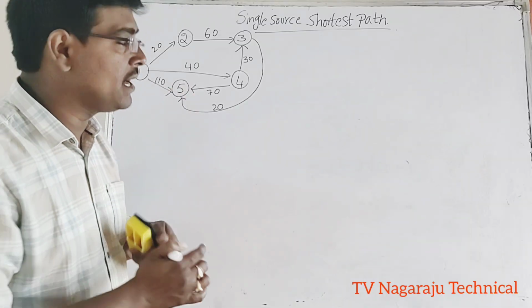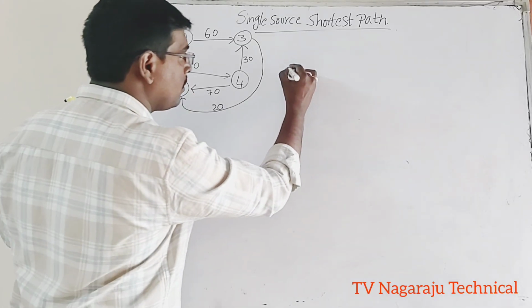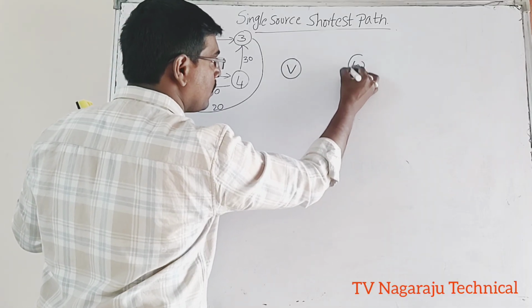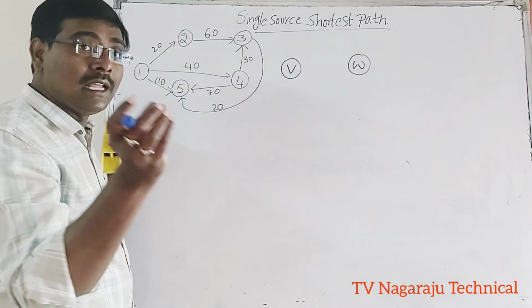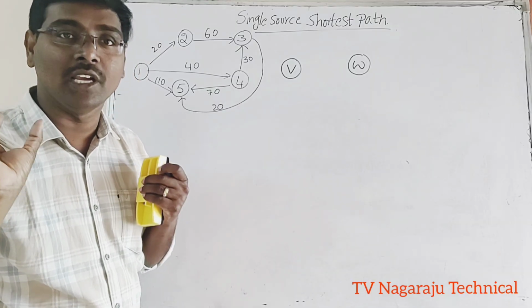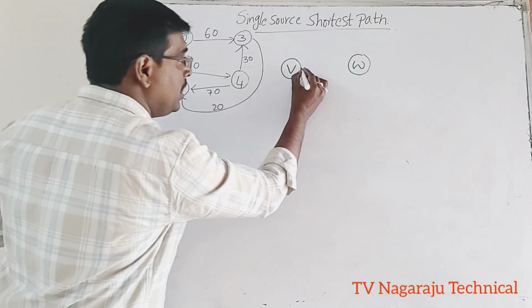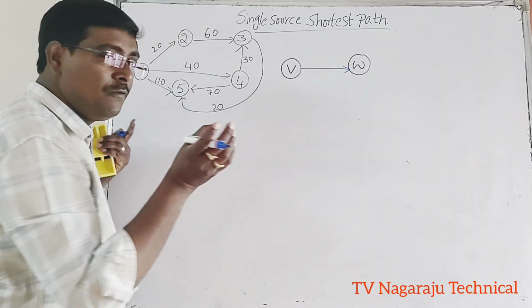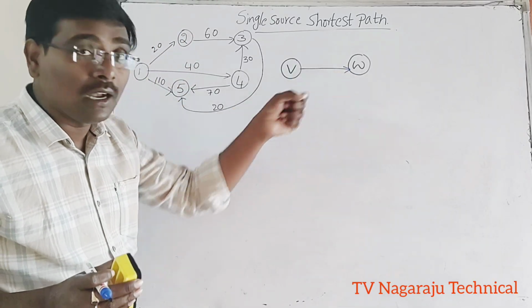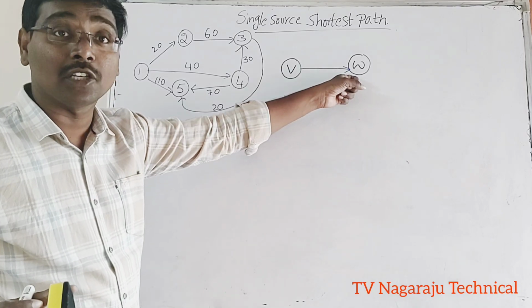How do we identify it? One simple idea: assume V and W. If V is the source vertex and W is the destination vertex, and you have a direct path from V to W with a very low cost, this is the shortest path.